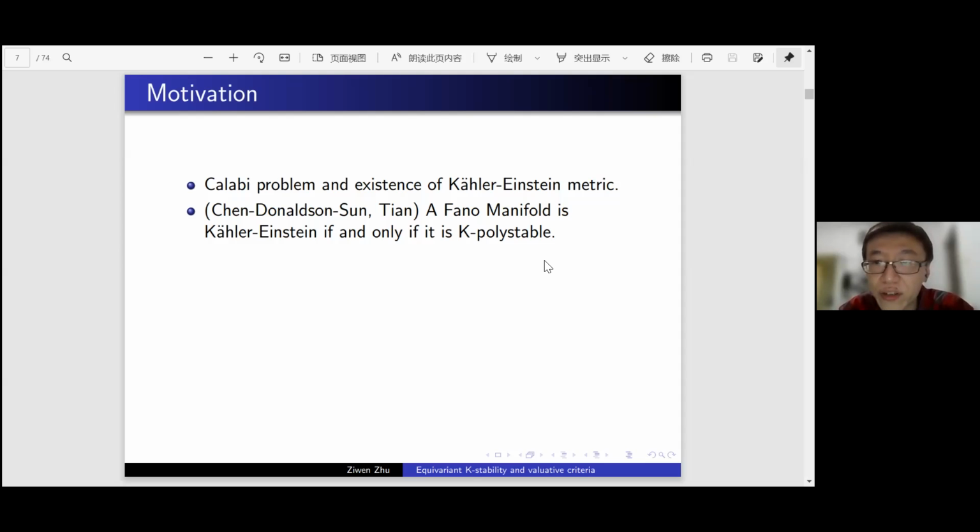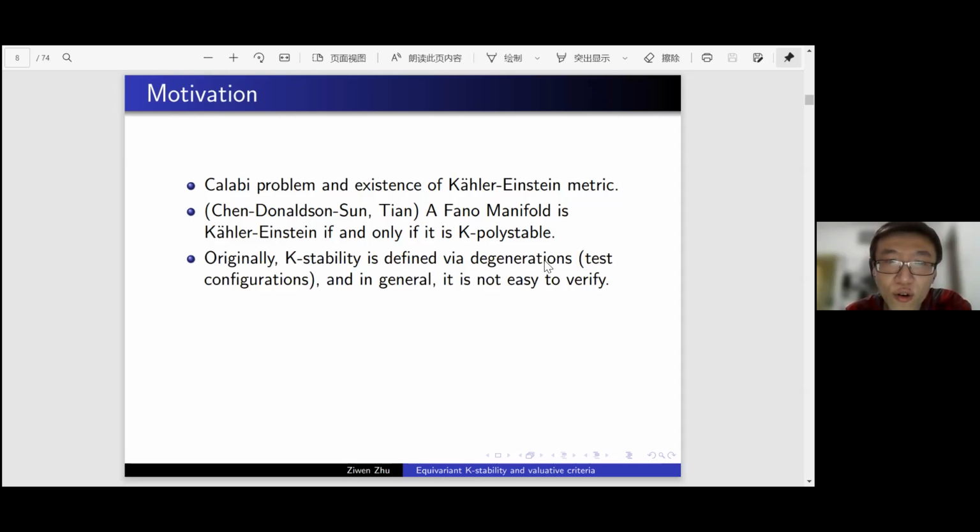So the Yau-Tian-Donaldson conjecture states that the existence of a Kähler-Einstein metric is equivalent to K-polystability of a Fano manifold. This was proved by Chen-Donaldson-Sun and Tian separately a couple of years ago. So for the smooth case, the YTD conjecture is solved.